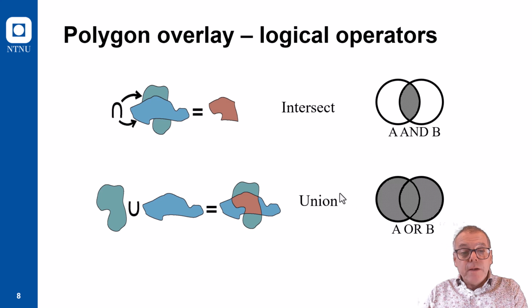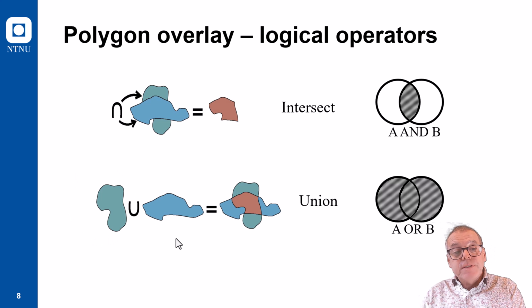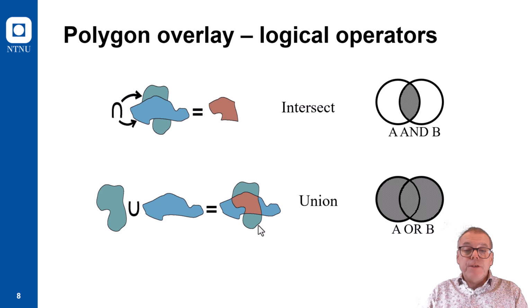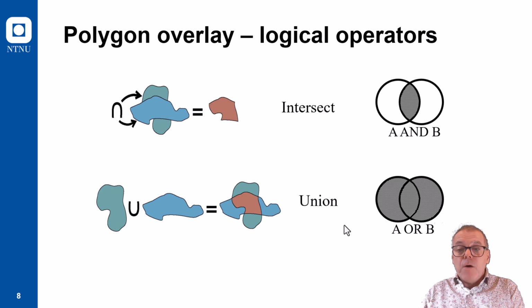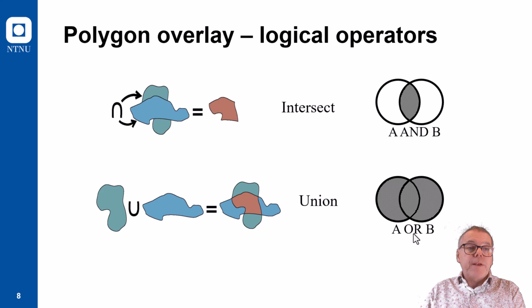Whereas in the union, you get a cut of the first input layer where this crosses the second input layer, but otherwise you keep everything which is originally part of set A and originally part of set B when you are using the union operator or the OR operator.